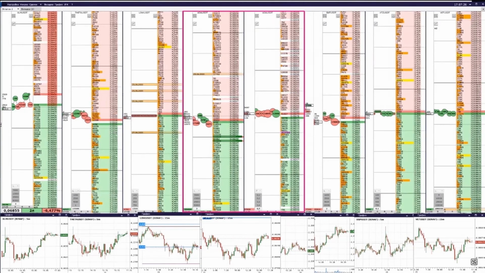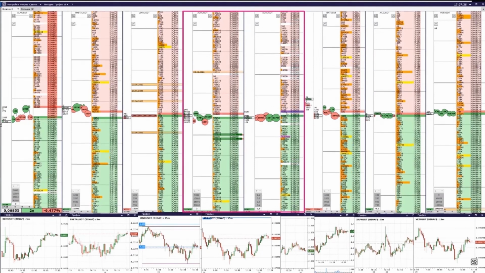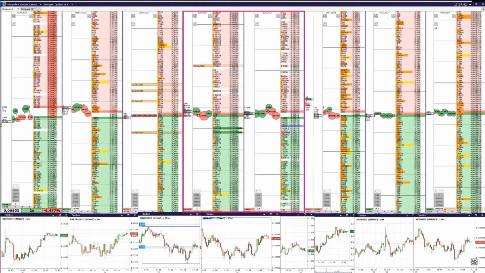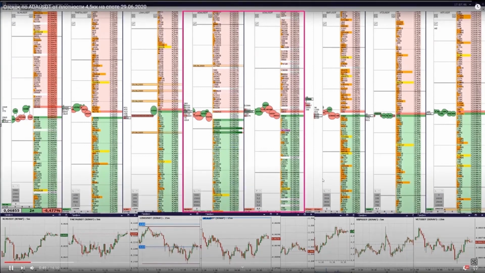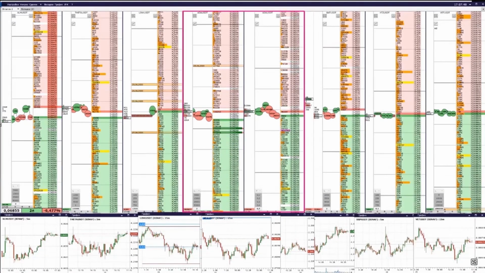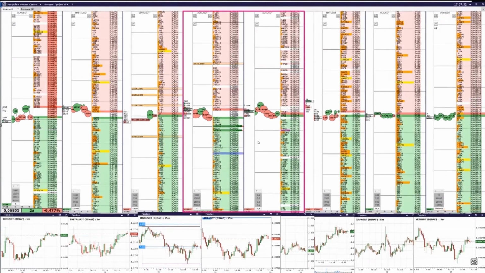On the ADA spot instrument, it's like 4,600,052. So I put my long orders nearly at the same price as on the spot order book. Here we can see a little difference between spot and futures prices. It's absolutely okay. So I took it into account and used the difference while putting orders.